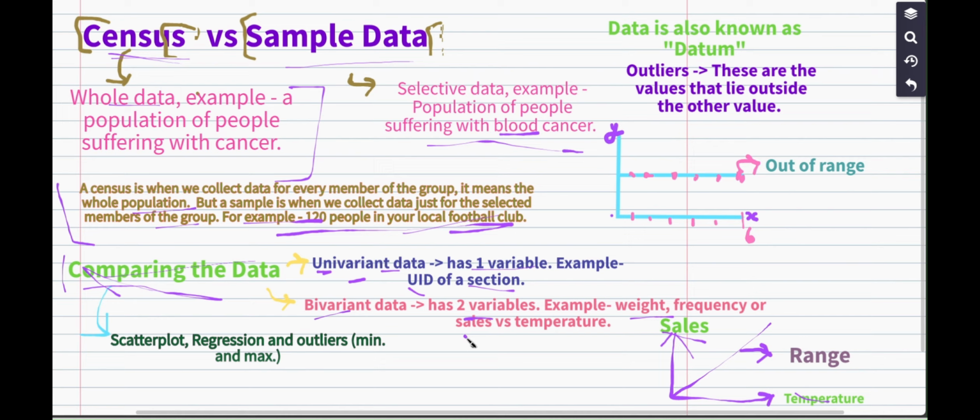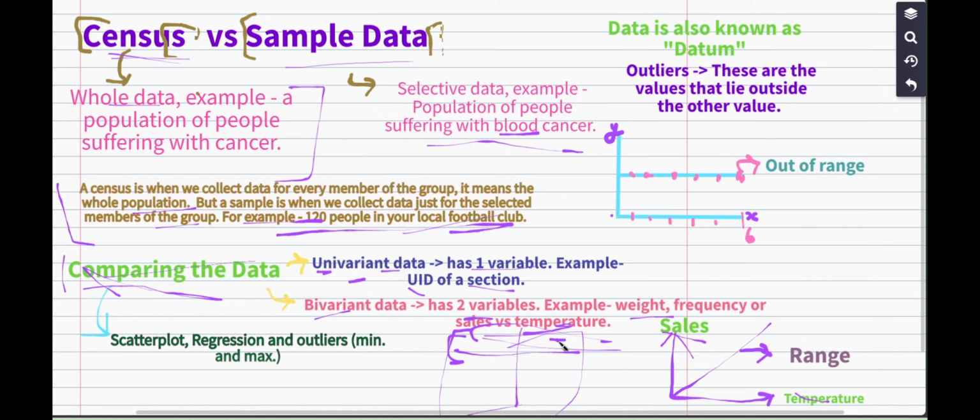Another example can be taken as sales versus temperature. In a particular state or country or place, I notice what the sales are and what the temperature is, right? You can take any other variables also, and you compare these two. You make a table of the sales and the temperature.